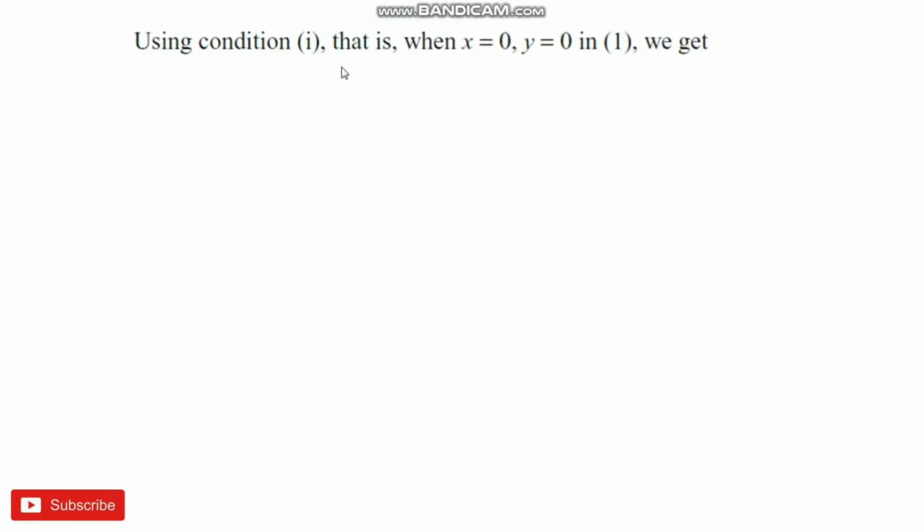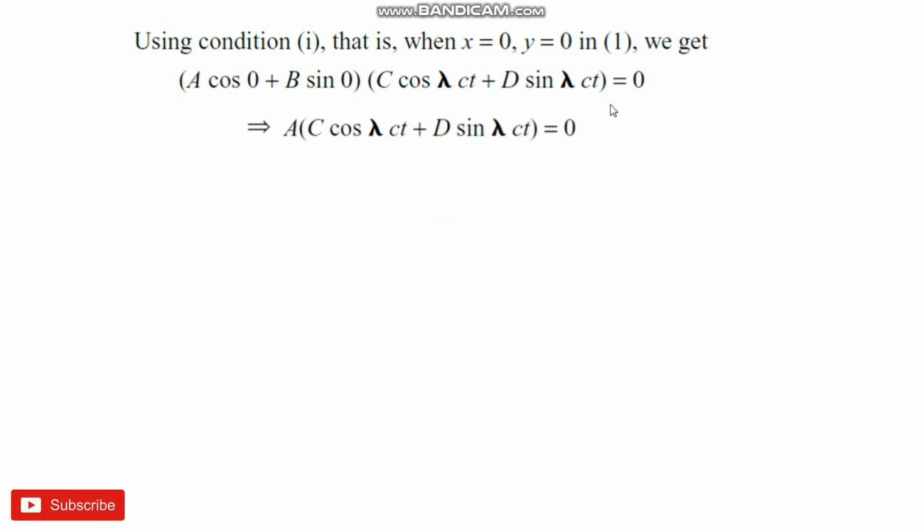Using condition number 1, that is one of the zero conditions, when x is equal to 0, y is equal to 0, and substituting in equation number 1, we get (a cosine 0 plus b sin 0)(c cosine lambda ct plus d sin lambda ct) equal to 0. Cosine 0 is 1, sin 0 is 0, so a times (c cosine lambda ct plus d sin lambda ct) is equal to 0. This bracket expression is non-zero, therefore a is equal to 0.